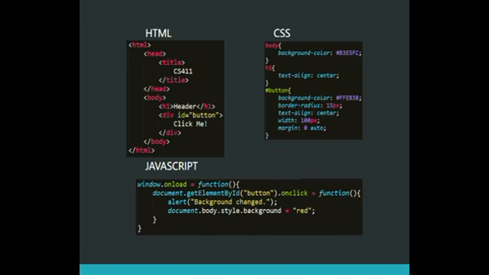Once you click on that, we want the browser to show an alert box saying background color change, and then do document.body.style.background equals red. That actually changes the background color to red. So as you can see, JavaScript can actually change the content of your web page. In this case, it's originally this color in the CSS, and then if you use JavaScript, you can make changes to your web page. You can set the color to red.